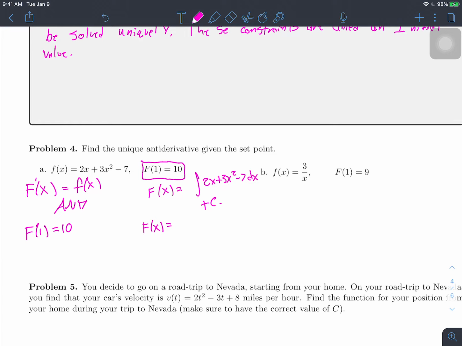It's going to be, by the power rule, 2x becomes x squared. Then I get plus, well, the antiderivative of 3x squared, we already did that one. It's x cubed. What does 7 become, or negative 7, if I take its antiderivative? Ashlyn? Yeah, it'll just be multiply it by x. So minus 7x. Okay, plus c.